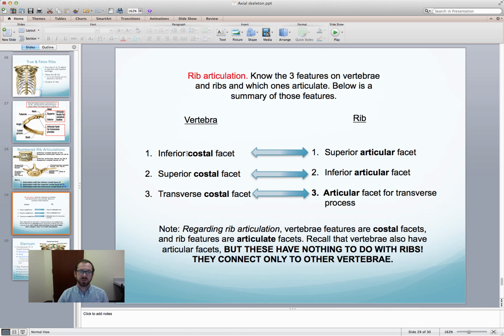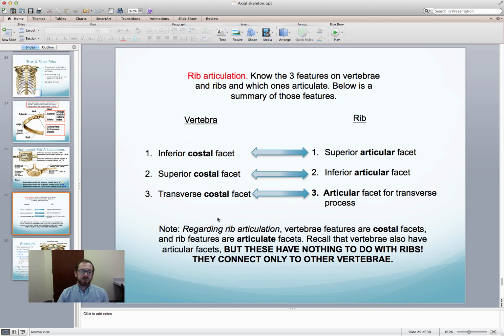Notice that the features on the vertebrae are all called costal facets. All right. Now on the rib, you've got the superior articular facet, inferior articular facet, and then the articular facet for transverse process. Okay. These are lined up with where they connect. So again, this slide is going to be your best friend for rib articulation.